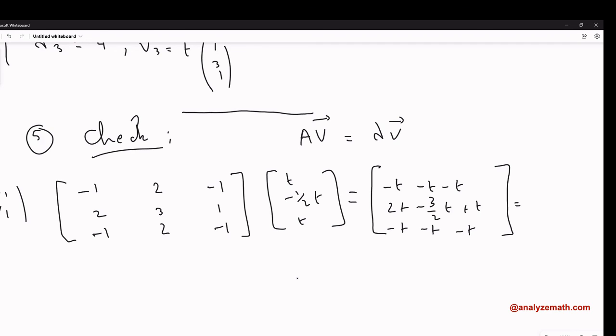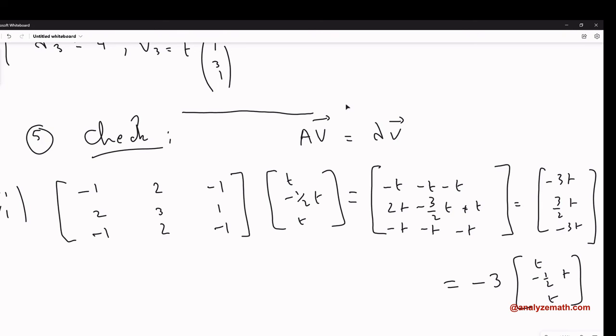Now when I put all this together, it gives me negative 3t, then 3 over 2 t, and then the last one, negative 3t. This can be written by taking the negative 3 outside: 3 times (t, minus 1 half t, and t).